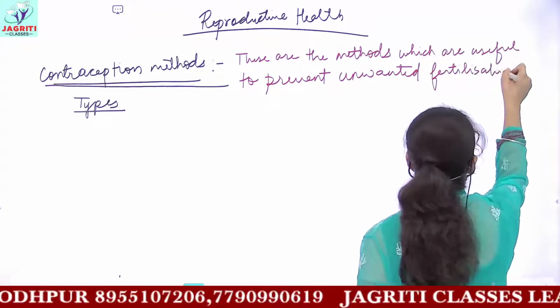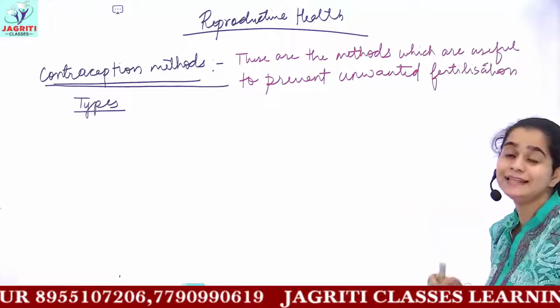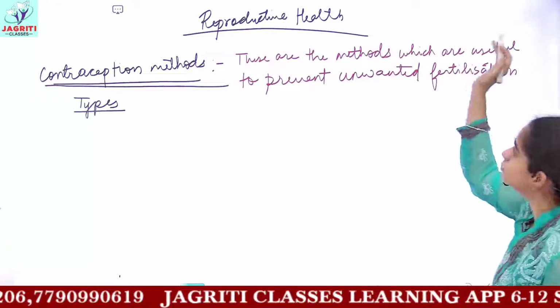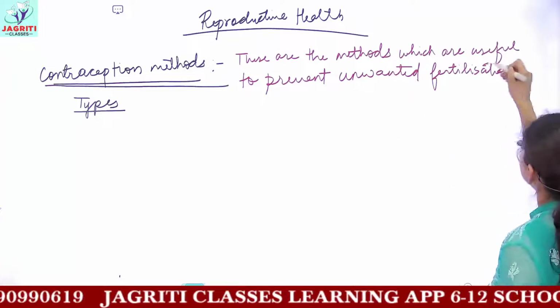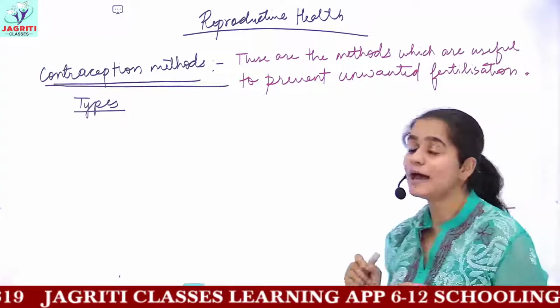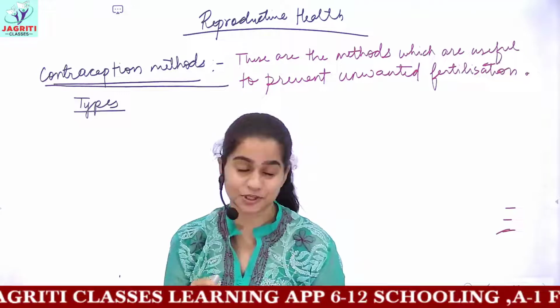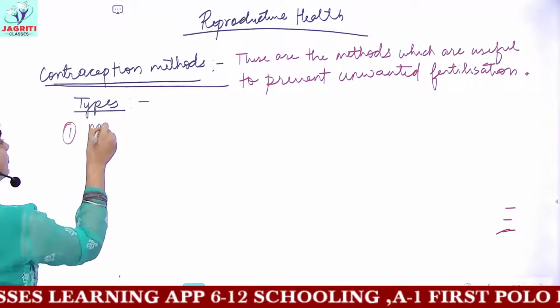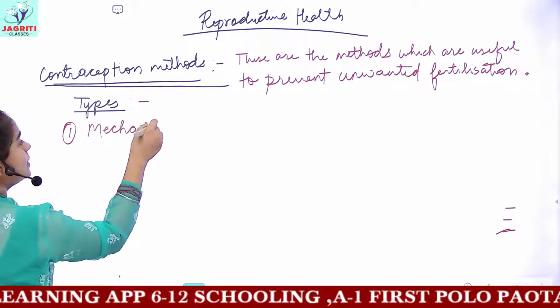Fertilization means the process of fusion which occurs between the egg and sperm. So contraception methods are the methods which are useful to prevent unwanted fertilization. Now you have many different kinds of contraception methods. So talking about the first one, it is mechanical barriers.